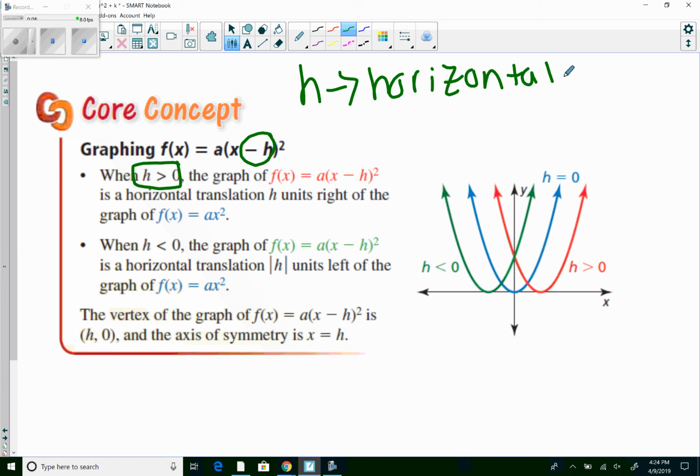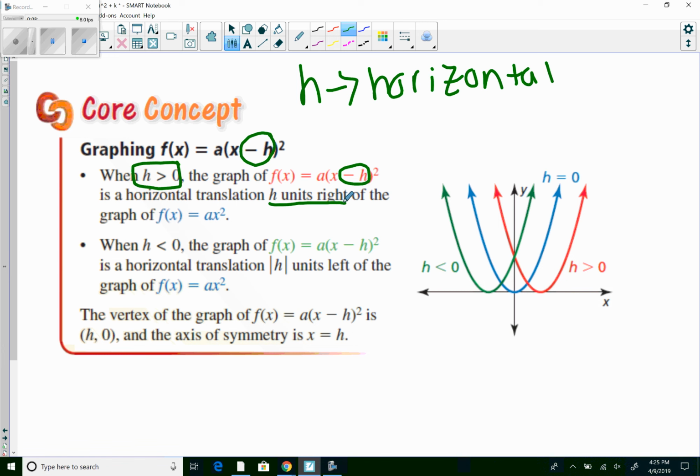So maybe this is the little trigger that we needed. When we talked about the vertex form, when we were dealing with absolute values, remember, H was the horizontal. And maybe you remember some of this. Even though H is negative, that's going to move our function to the right.